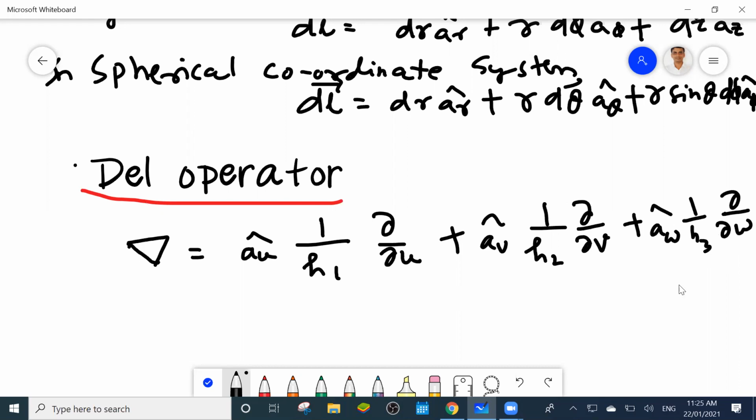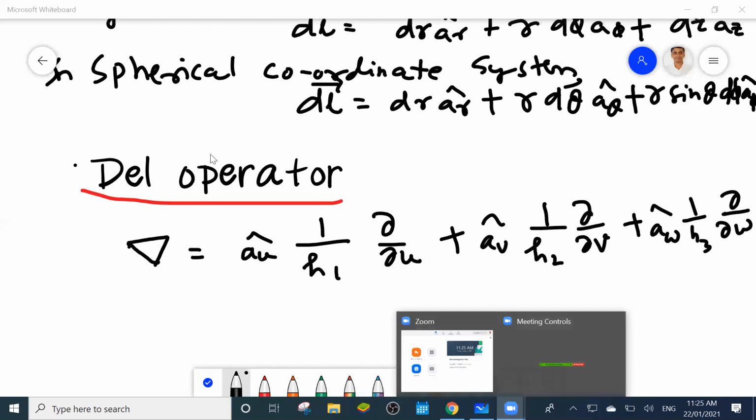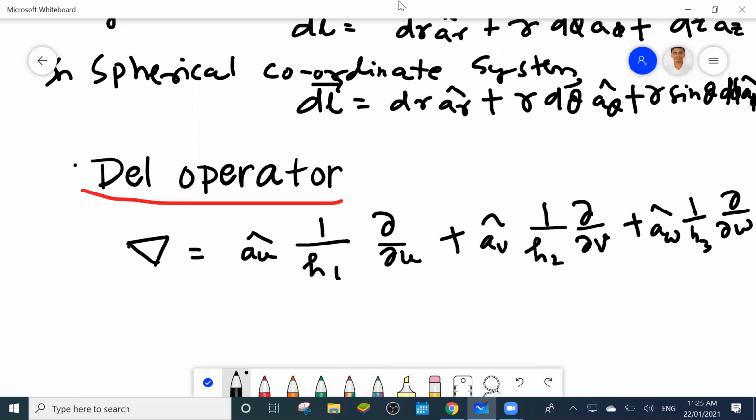This is the general formula. Wait for 1 minute, you write these things, then you convert these in terms of Cartesian coordinate system, cylindrical coordinate system, and spherical coordinate system.